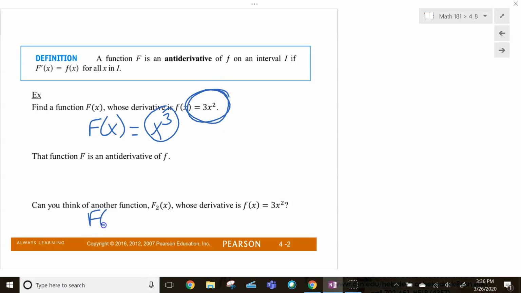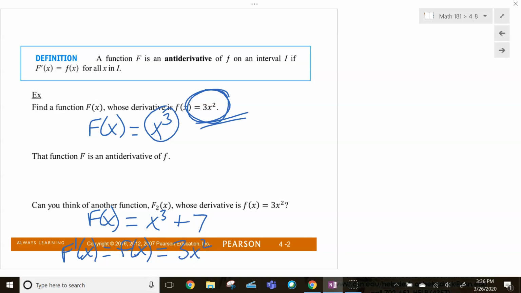Now, is there another function you can think of besides x cubed whose derivative is 3x squared? If I just put any old constant on the end, when I take that derivative, it'll take me back to 3x squared.